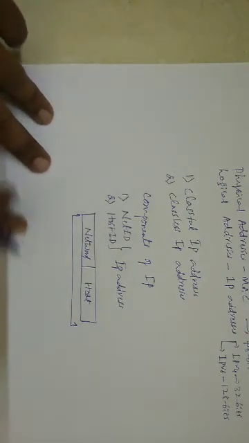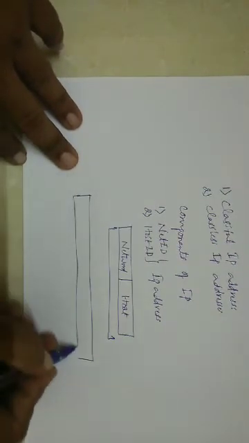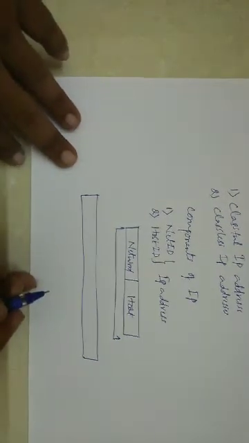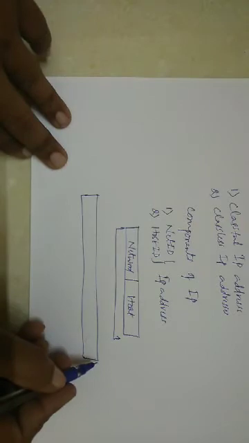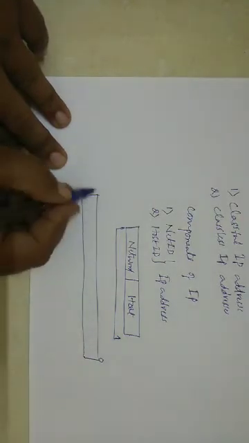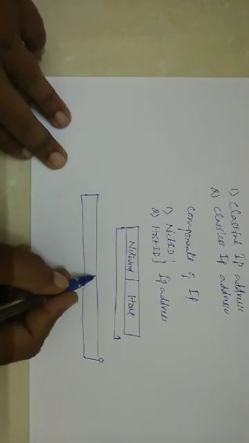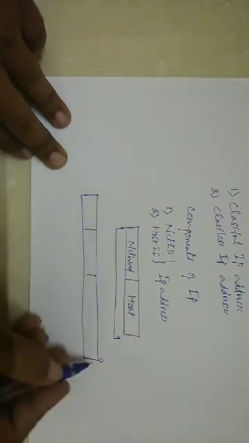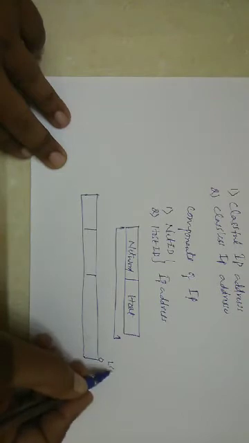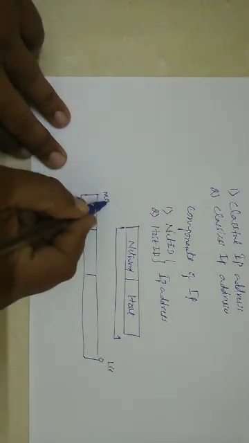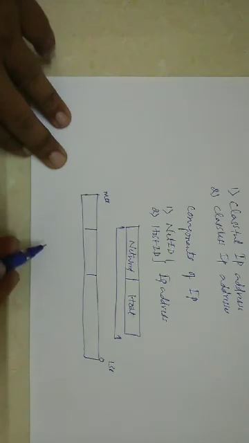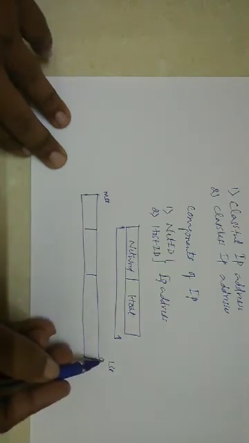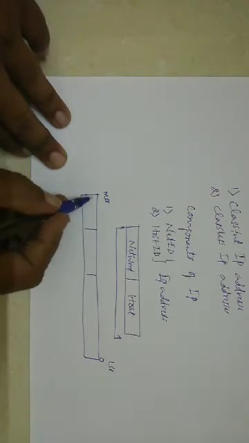Since we are talking about IPv4, an IPv4 IP address has 32 bits. When I say 32-bit IP address, it is broken down into bytes. Since 32 bits, we have a total of 4 bytes. We begin with 0, this is our LSB, and this is our MSB, the least significant bit and most significant bit.